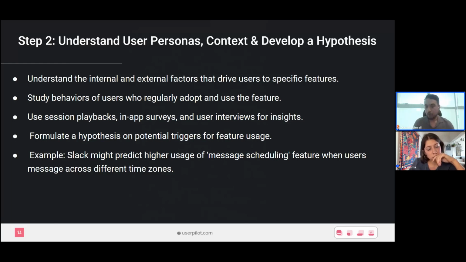Again, the Slack example is pretty simple, but it can get a lot more complicated with more complex features. But you could formulate a hypothesis like, look, I think the best time to use this feature is when you're messaging someone in a different time zone. So maybe that's the right time to push for it.